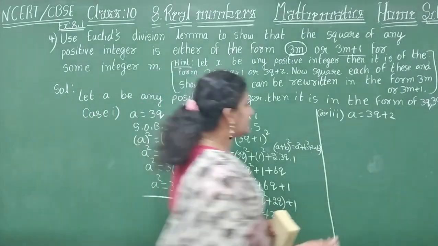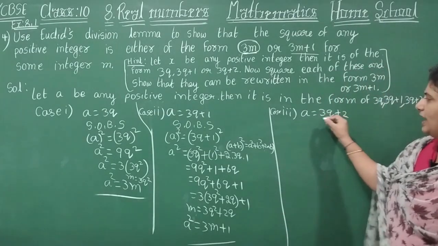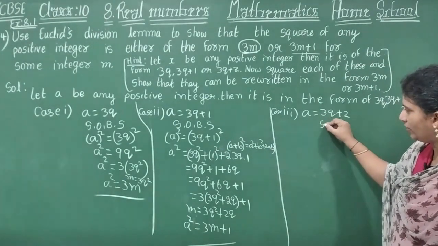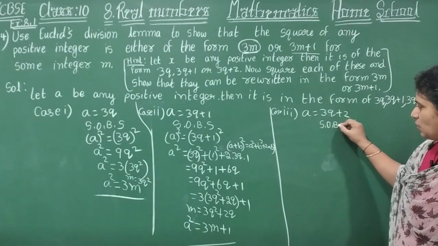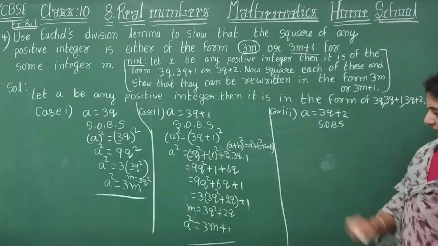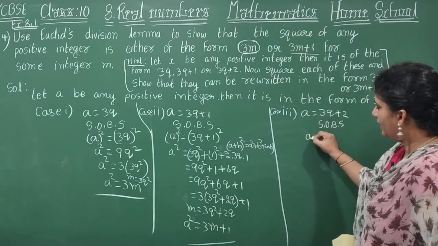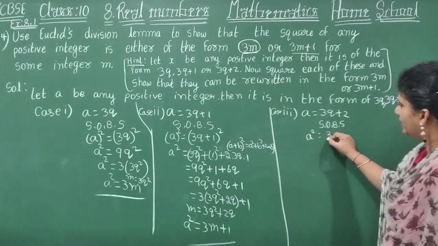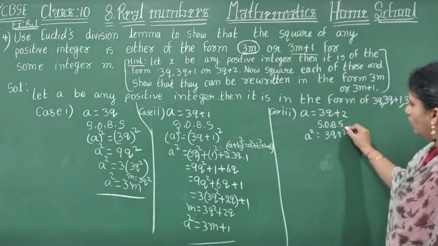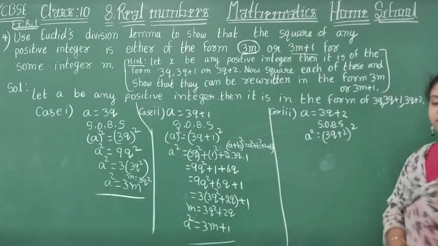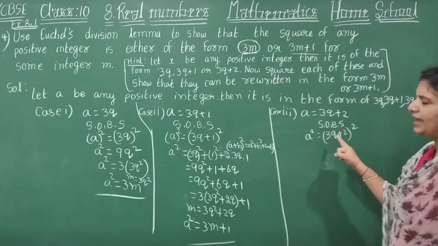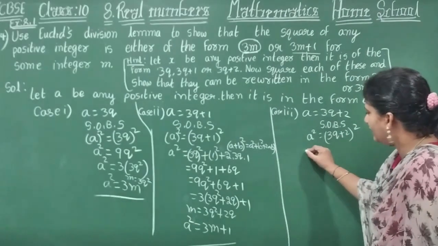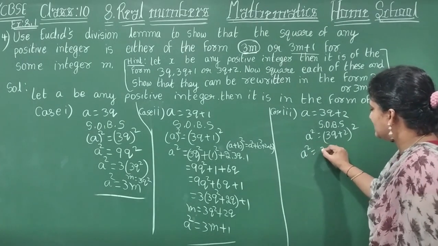So let's see the last case here. That is A is equal to 3q plus 2. What do you need to do here? Squaring on both sides. A whole square is A square, and next 3q plus 2 whole square. What is 3q plus 2 whole square, children? Again same format, A plus B whole square.